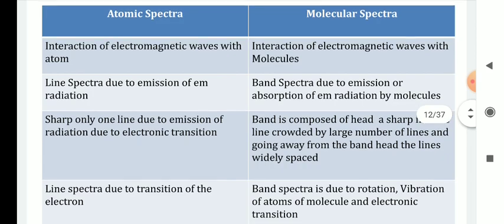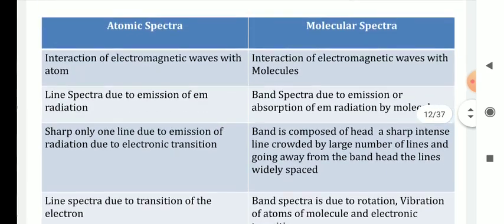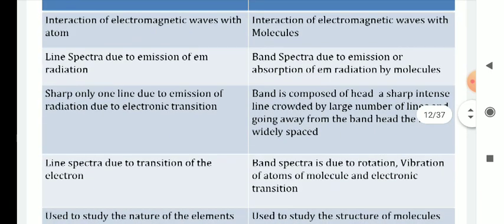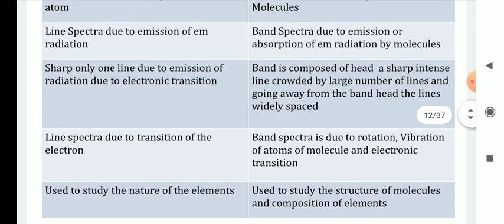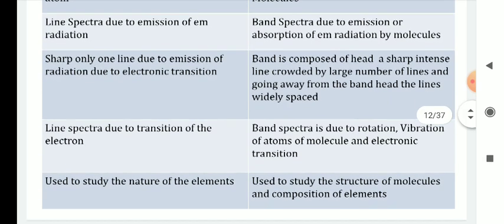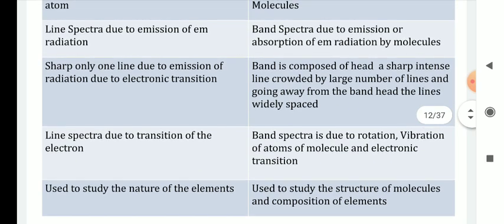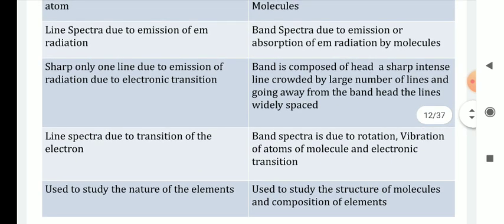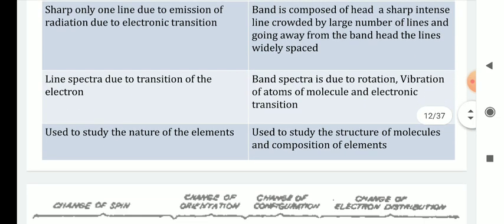Band spectra, due to emission or absorption of electromagnetic radiation by molecules, correspond to molecular spectra. In atomic spectra, there is only one sharp line due to emission of radiation from an electronic transition. The molecular spectra are composed of bands, and a band spectrum consists of a sharp intense line crowded by a large number of lines, with the lines widely spaced going away from the band head.